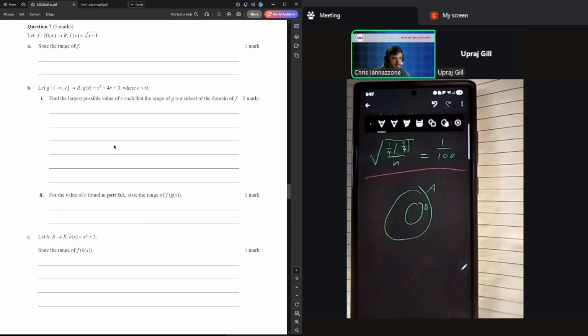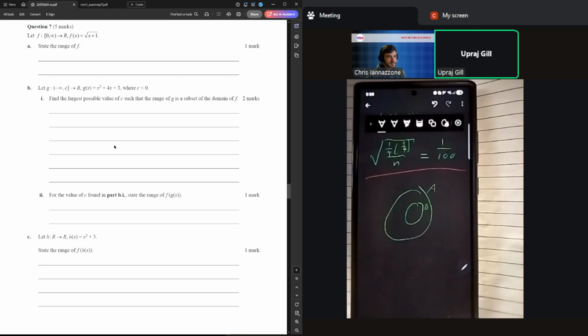Very good. For that value of c, what is the range of f of g going to be? I was thinking about the function first, like what the function would be. Is it going to be x plus 2?